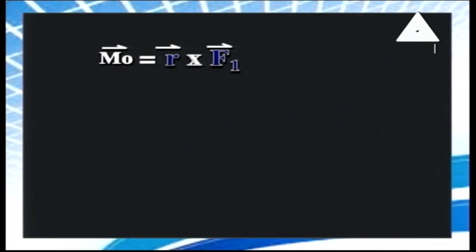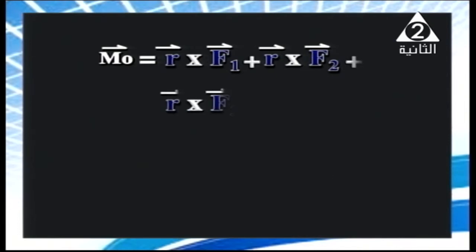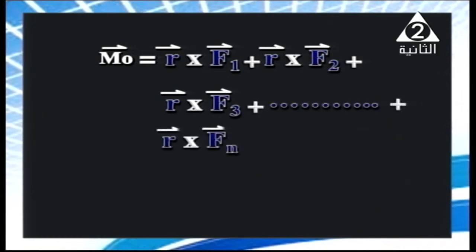Moment about O equals what, my dear student? R vector cross F1 vector plus R vector cross F2 vector plus R vector cross F3 vector, and so on to R vector cross Fn vector.